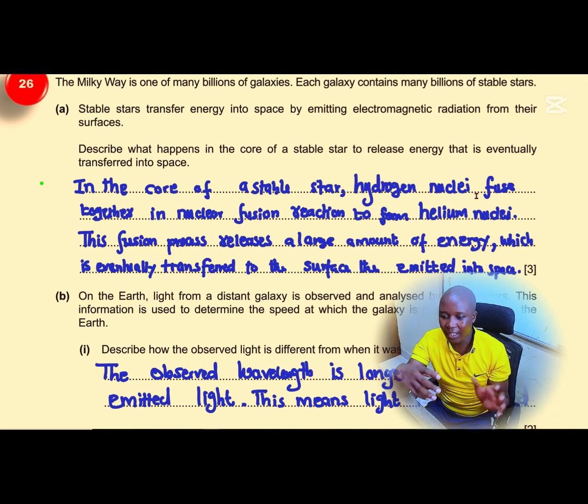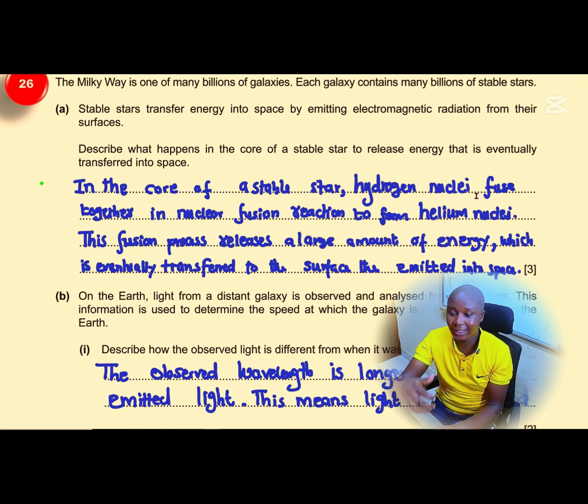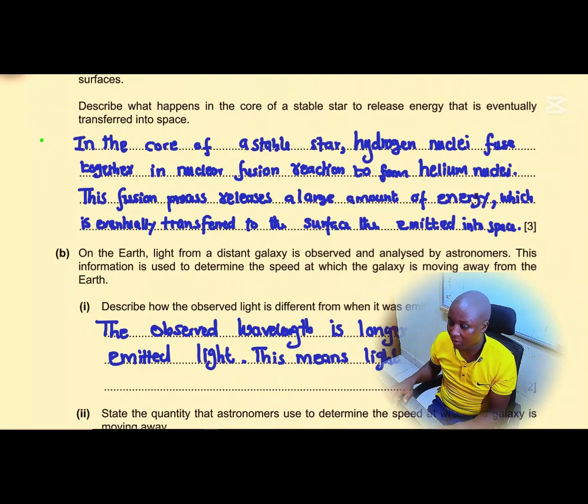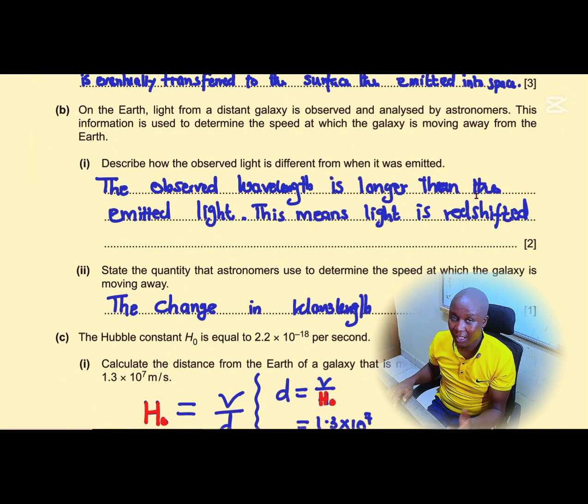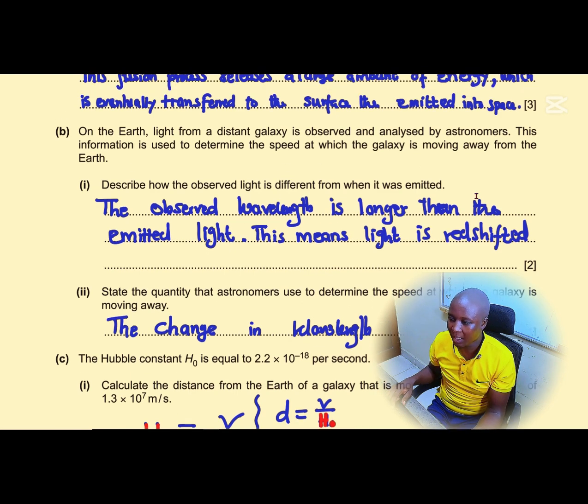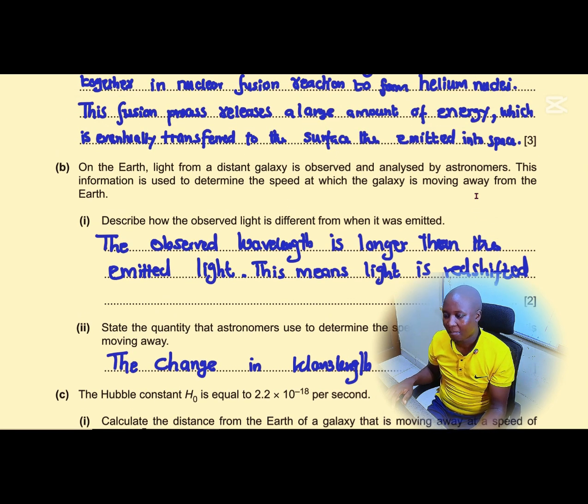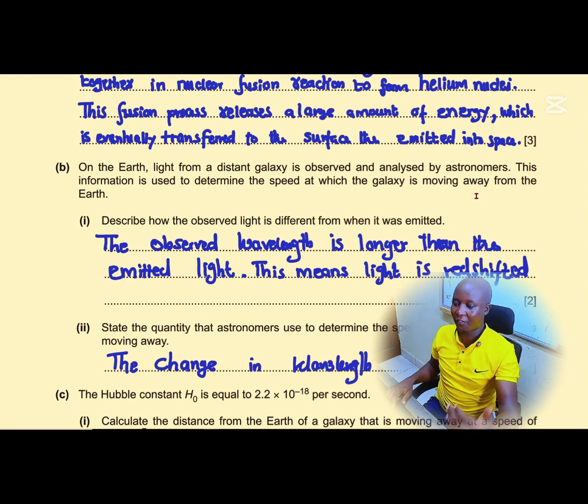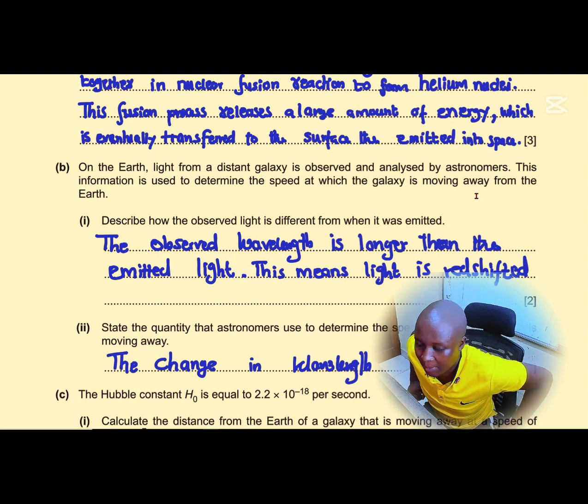So in a stable star, there is fusion of hydrogen and hydrogen that leads to the formation of helium. So the fusion process is the one that results in the production of energy from stars. That's what you need to know. Also, describe how the light observed from the galaxy differs from the light that is emitted.